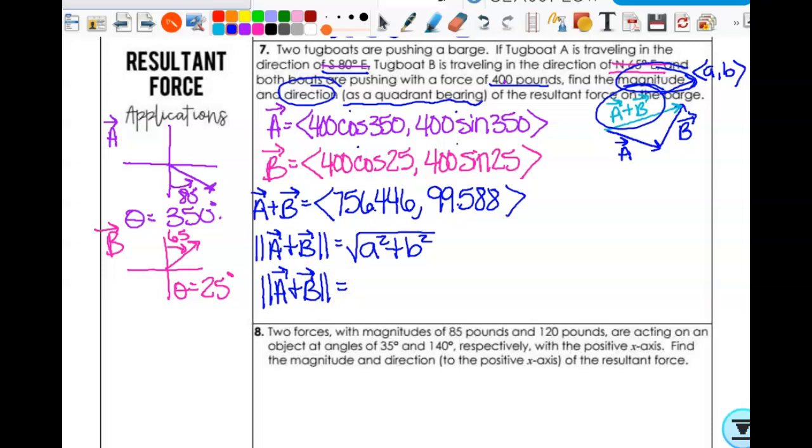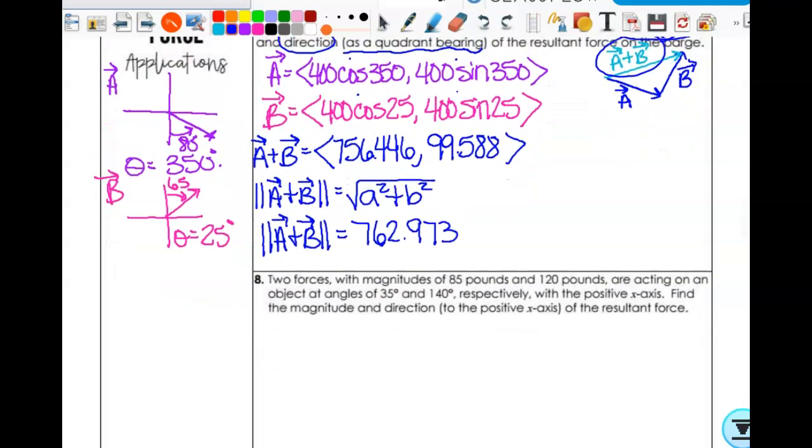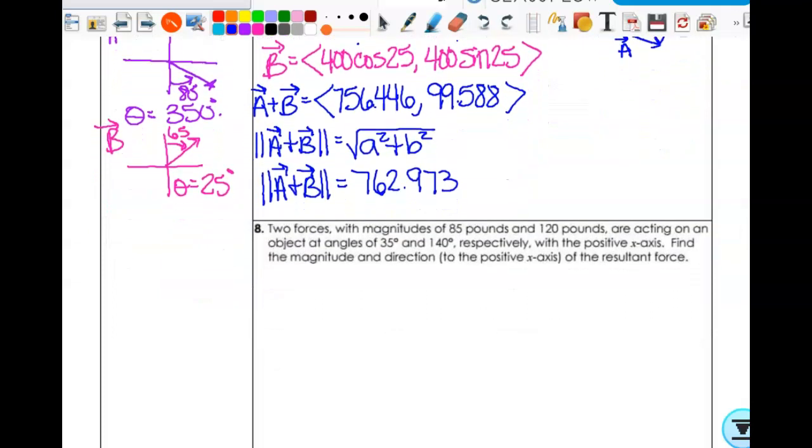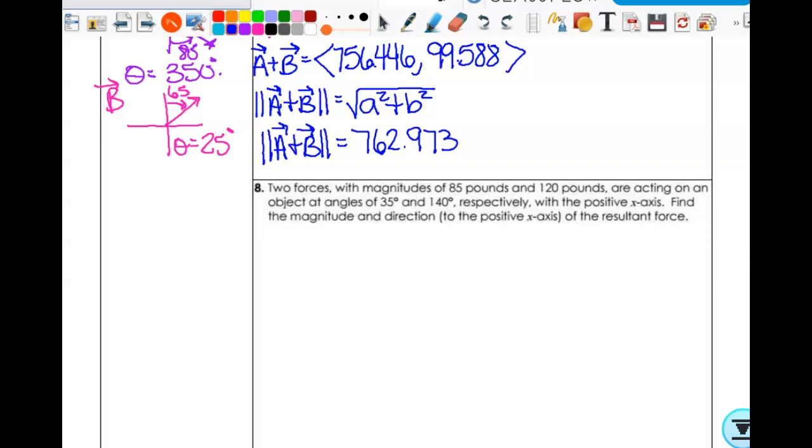And you should get 762.973. And what do you think the units would be on this? What were the units on the force to begin with?